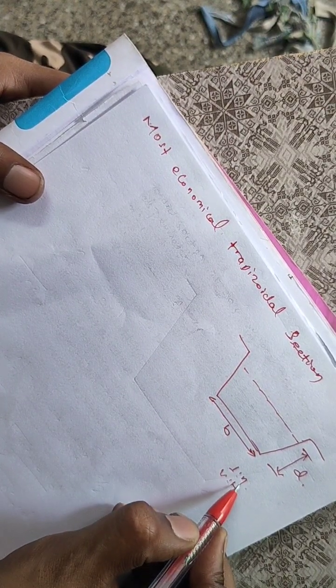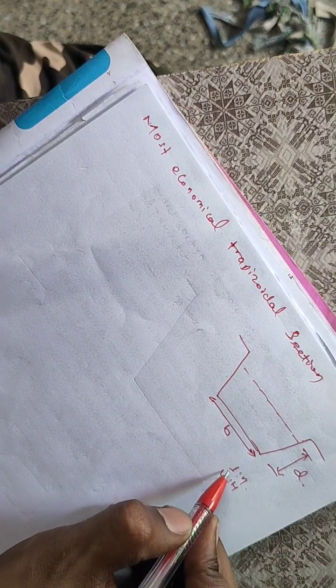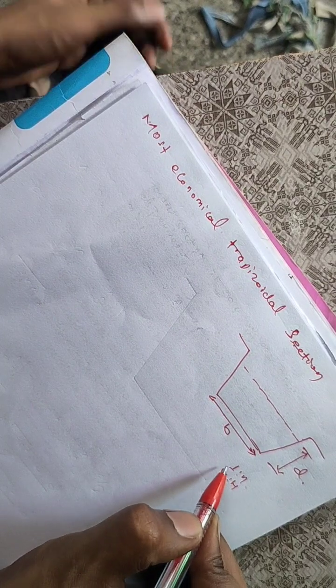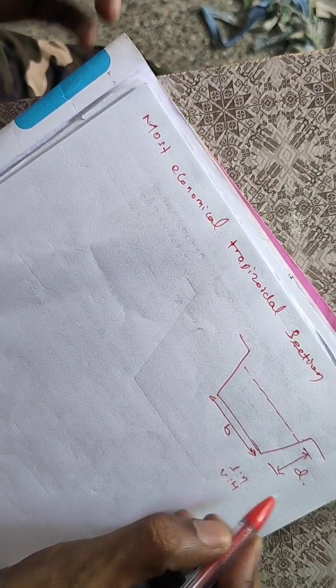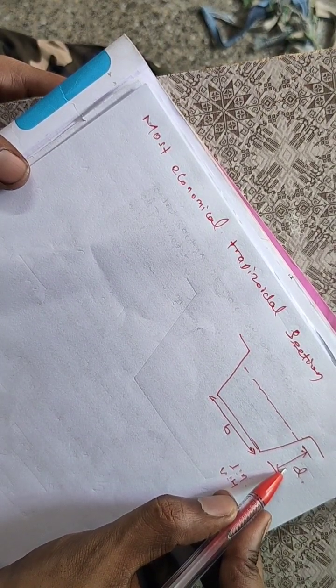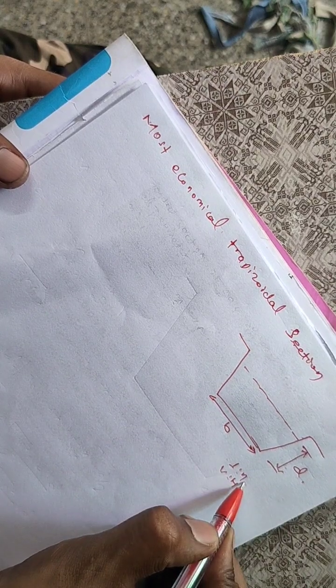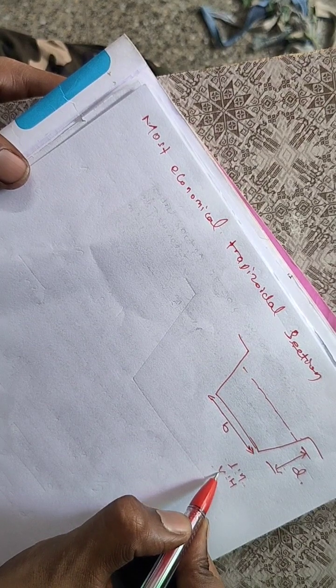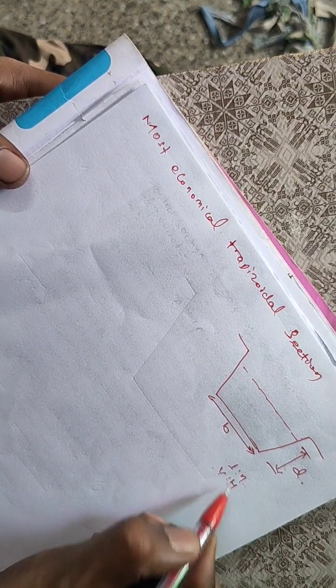For 1 meter vertical, we have n meter horizontal. For d meter vertical, we have to multiply on both sides. If we multiply by d, we get nd on the right side, meaning for d meter vertical we get n into d horizontal.